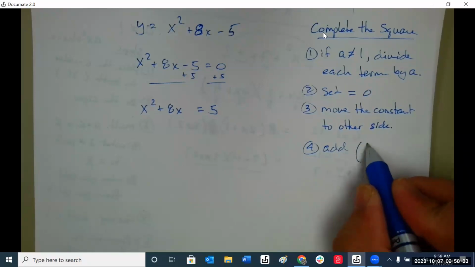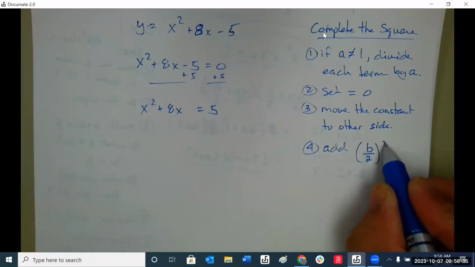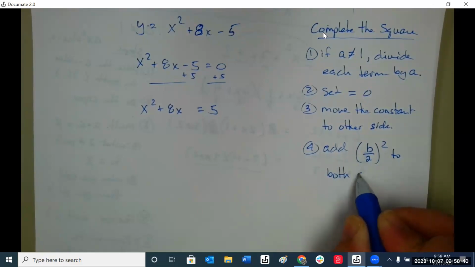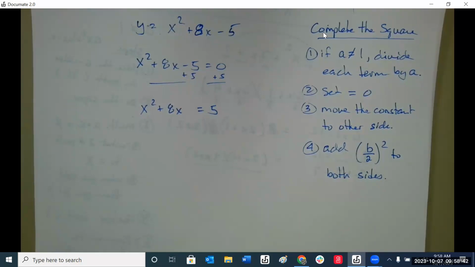Add (b over 2) squared to both sides. So what's our b?